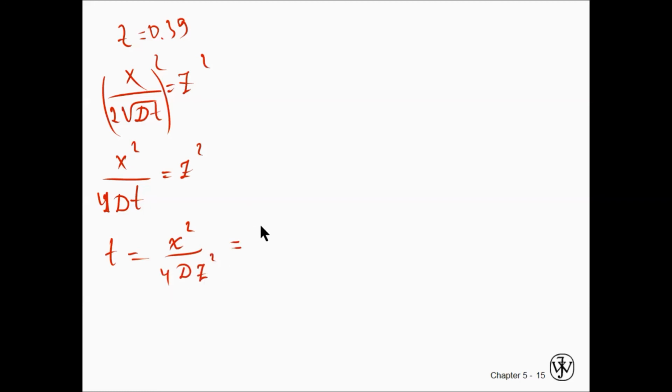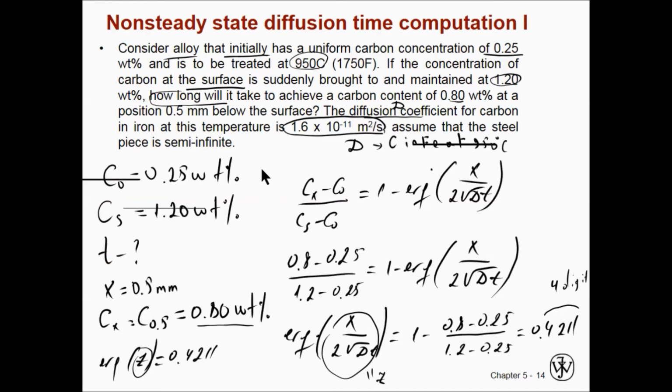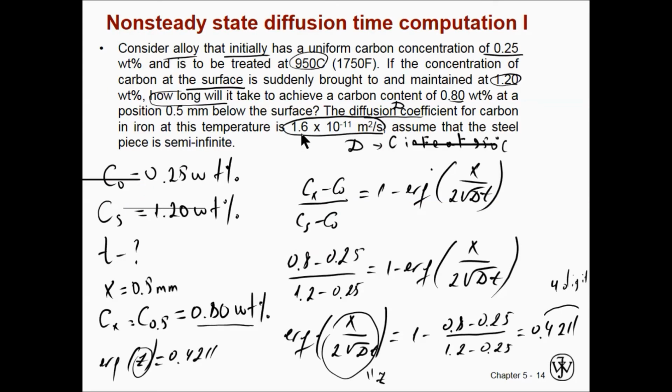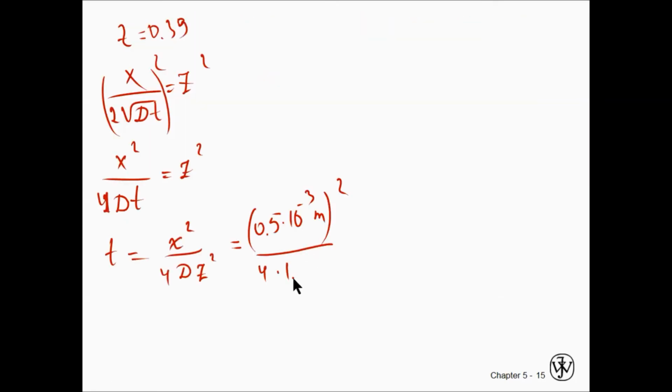Now replace values. x was 0.5 millimeters, converted to meters, over 4. The diffusion coefficient is 1.6 times 10 to the negative 11 square meters per second. So if this is a meter over here, that's why I'm converting here. Multiplied by z squared.